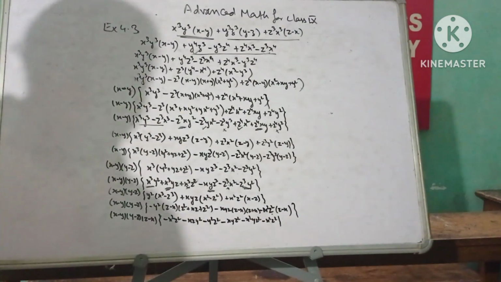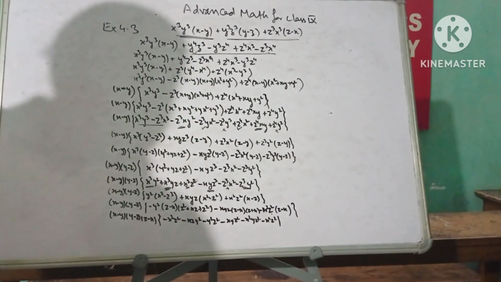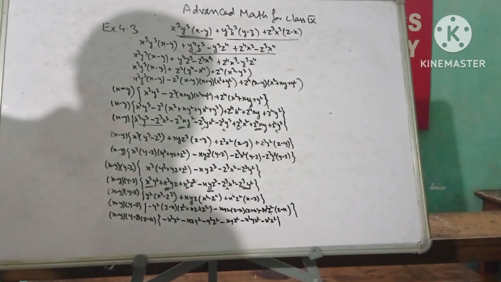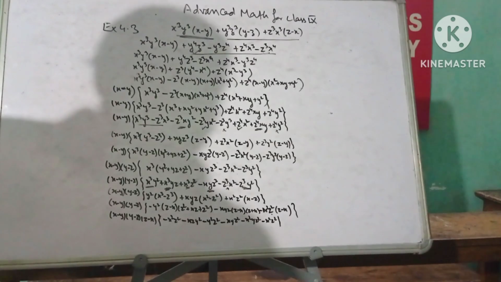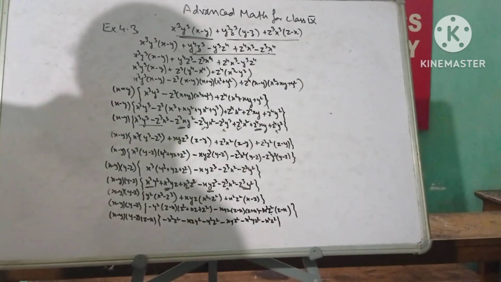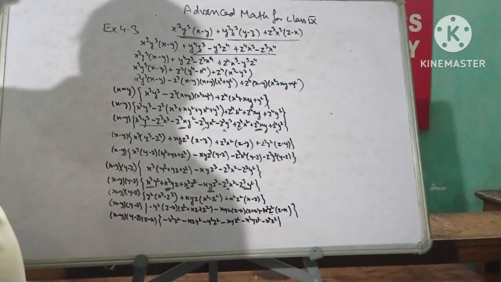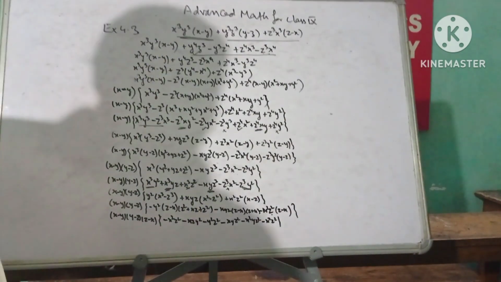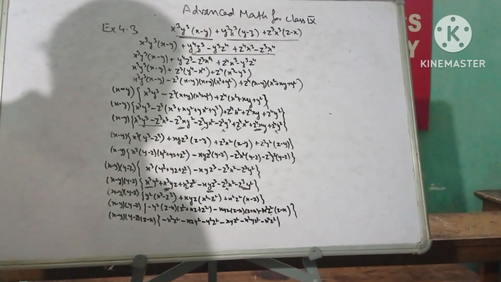So now I have removed all this. So here again, because all these are minus, we will take minus common, and when we take minus common, x square y square z square, and here this is x square z square, x square z square, x y z, y square z square.